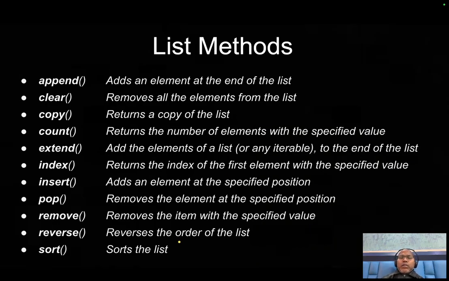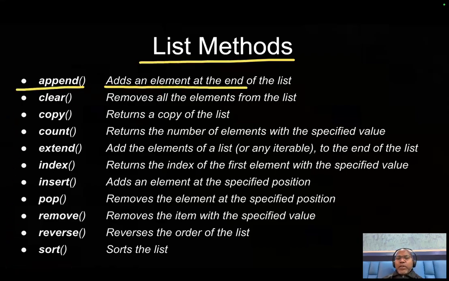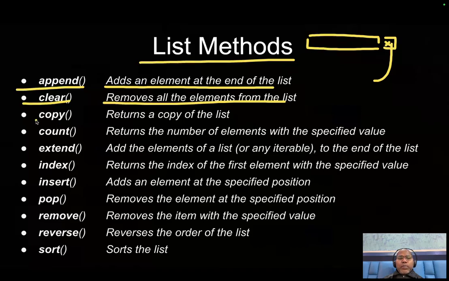So a list has a number of methods, you can say. You can use append, adding an element at the end of the list. Whatever element we have, it is going to be appended as one more element at the end. Clear just removes all the elements. Copy just copies the list. Count function.